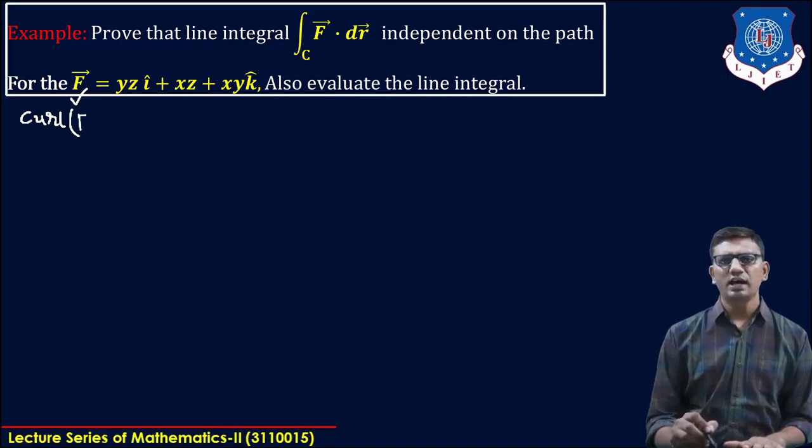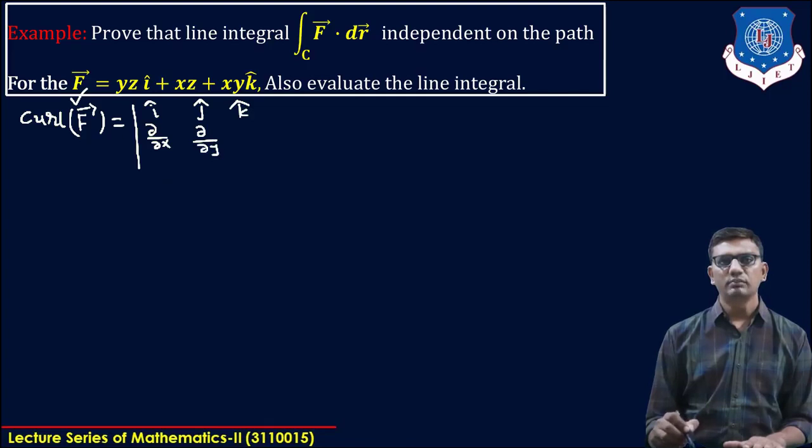So first, curl of f bar is equal to del cross f bar, which is given by i, j, k caret in the first row. In the second row, we write the del operator, del by del x, del by del y, and del by del z. And finally, we have the components of f, that are yz, xz, and xy.